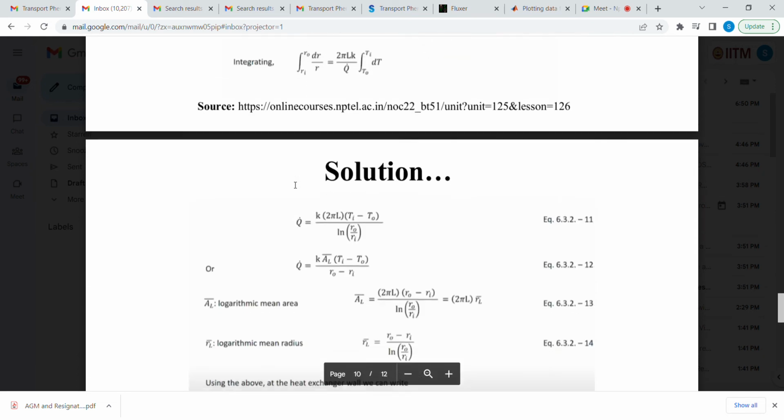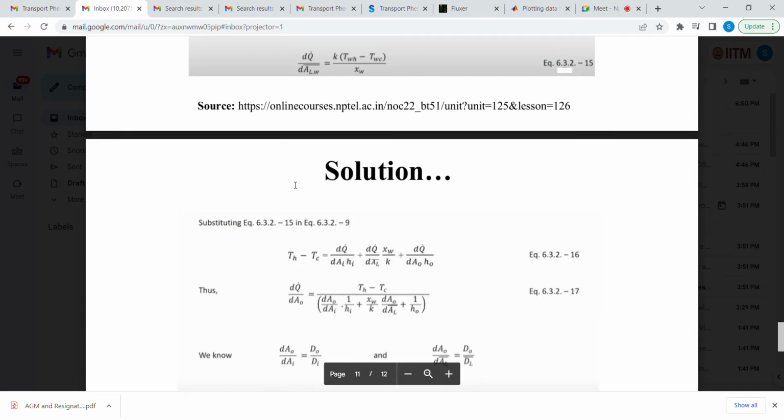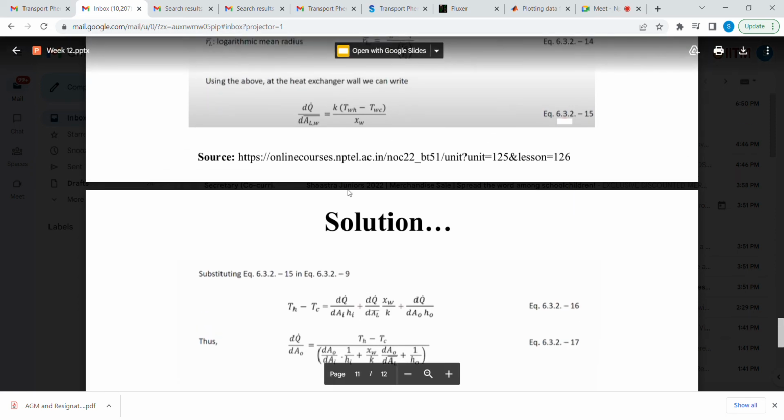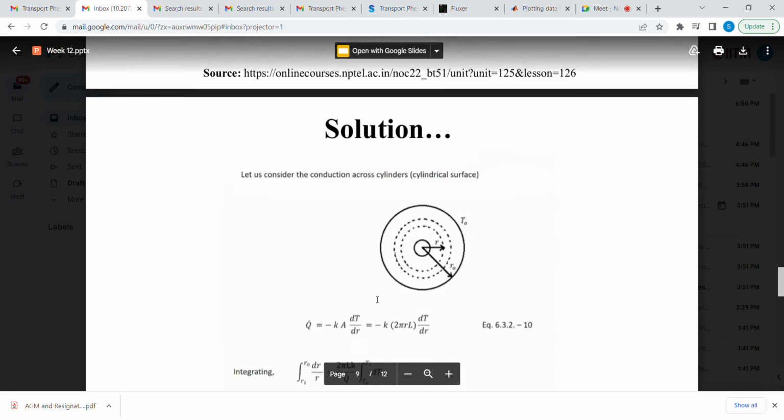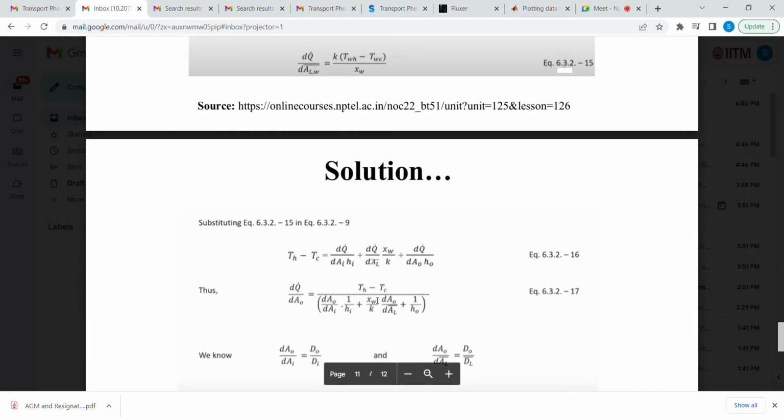So what we are going to do is just substitute this equation in this equation, and what we get is delta T, that is Th minus Tc, equal to dq dot by dAi hi plus dq dot into xw by (k dA_L hat) plus dq dot by (dA naught h naught). So this is the outer section of the pipe.